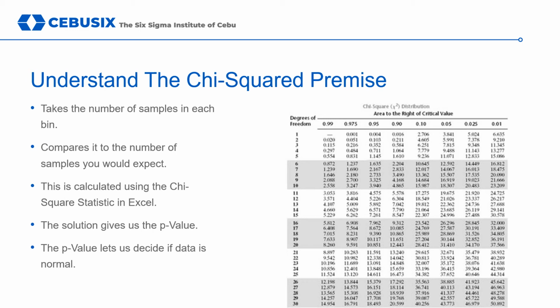That number then lets us calculate a p-value. In this case, it is the size of the p-value that lets us decide whether to accept or reject the hypothesis that the data is normal. For the purpose of the chi-squared goodness of fit test, in this situation, if the p-value is greater than 5%, we will accept the null hypothesis that our data is normally distributed.